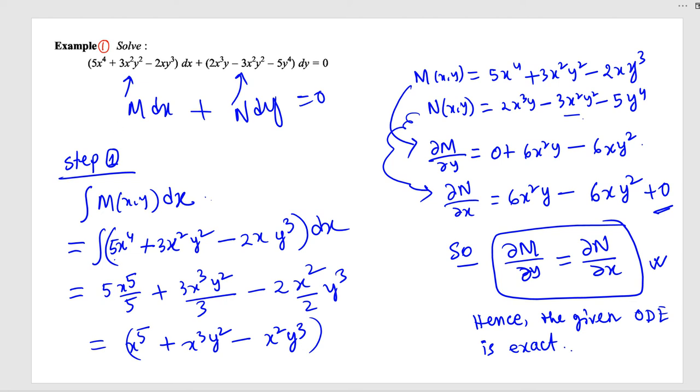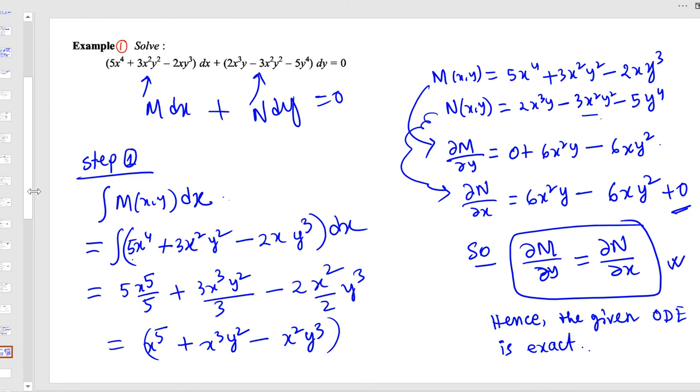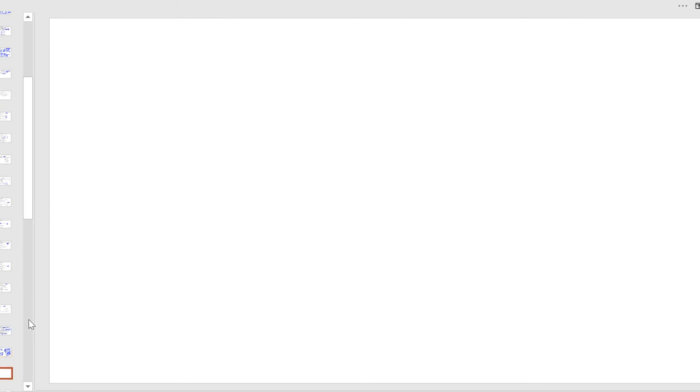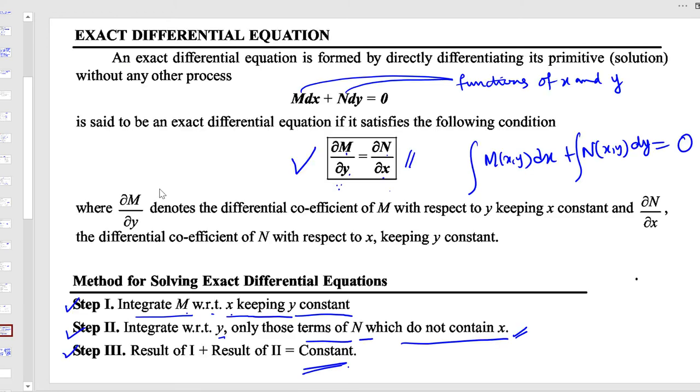Now for step 2, it is given integrate with respect to y only those terms of N which do not contain x.